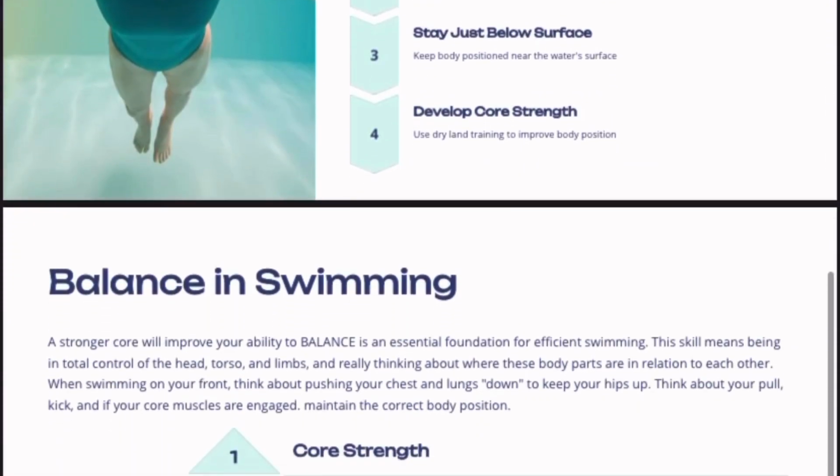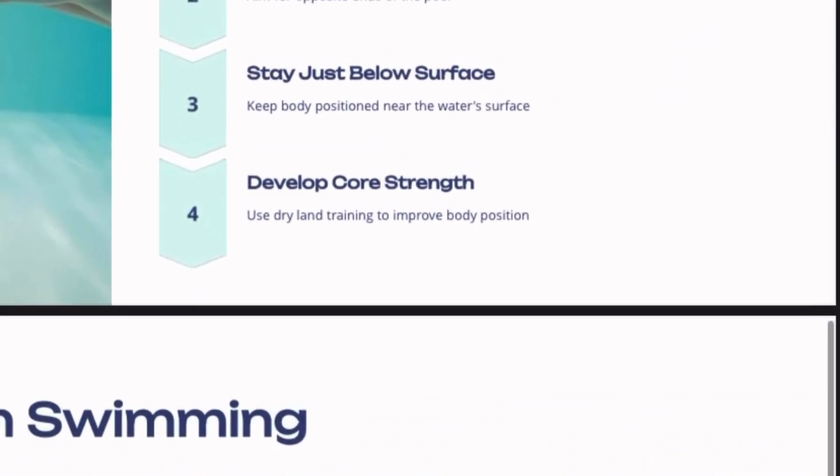So next is the body position. Body position while swimming means maintaining length by keeping the body and limbs long. Think about reaching for the opposite ends of the pool and about keeping your body just below the water surface. Develop your core strength with dry land training.